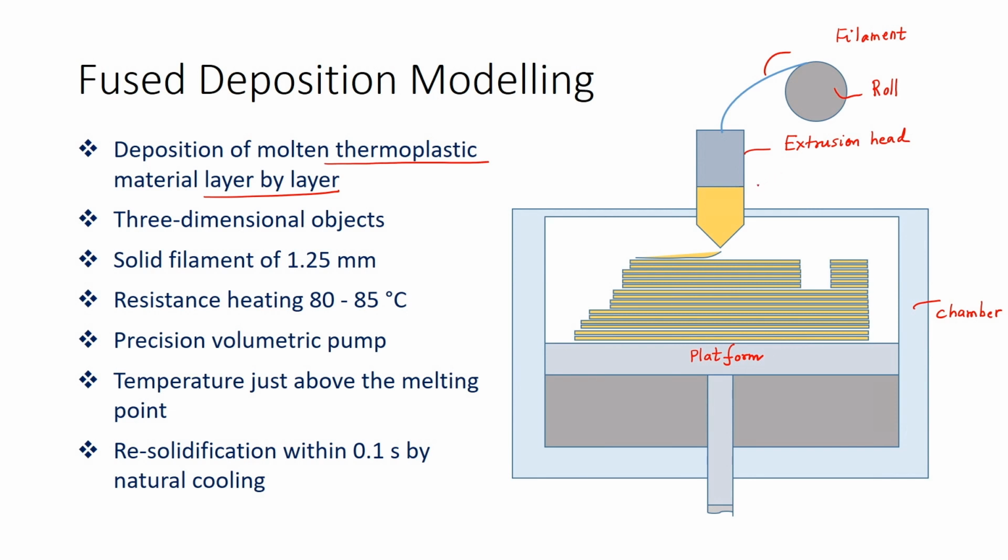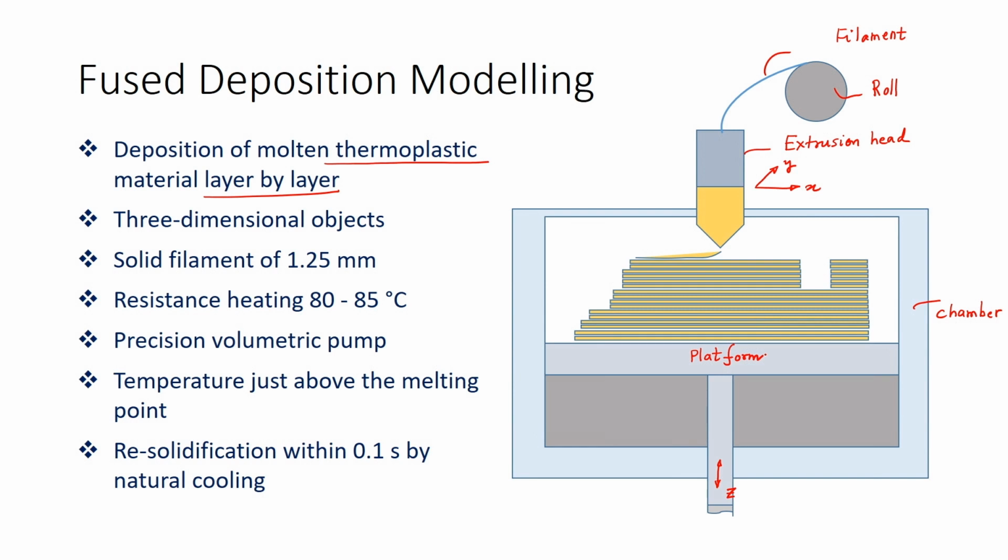So, this extrusion head can be moved along the x and y direction. However, the platform is moving along the z direction. So, as we move the extrusion head, we can deposit the required material on the platform.